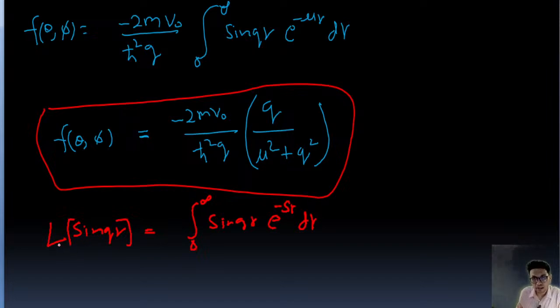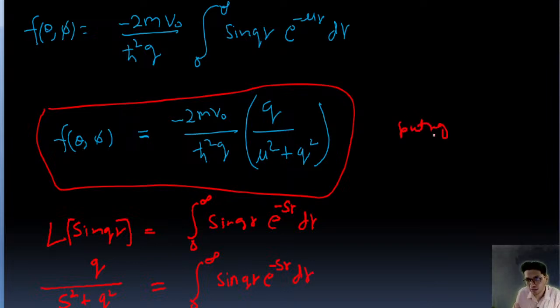Now the Laplace transform of sin qr we know is q upon s square plus q square, right? And here this value is simple: the integral from 0 to infinity of sin qr e to the power minus sr dr. Now we will put s equal to mu.